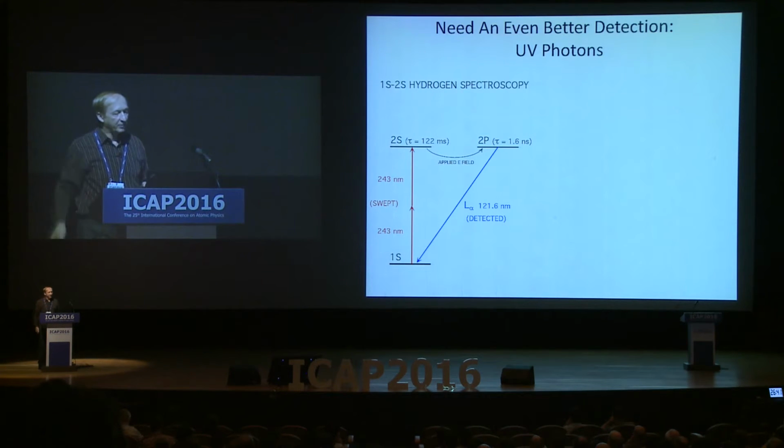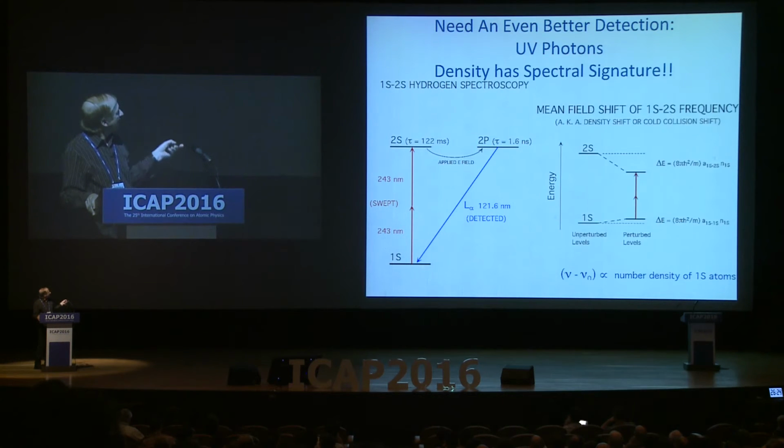And then they opted at MIT for yet another scheme for detection, which is very ambitious, which is to go in with UV detection and use a 1s, 2s transition on hydrogen to go from here to there. And turns out this transition can be sensitive to the density, and so it would be a nice measure.